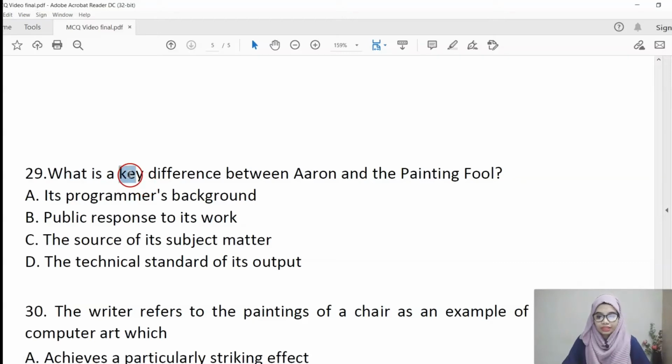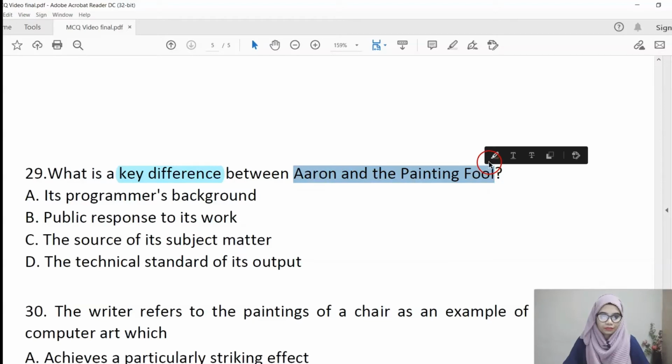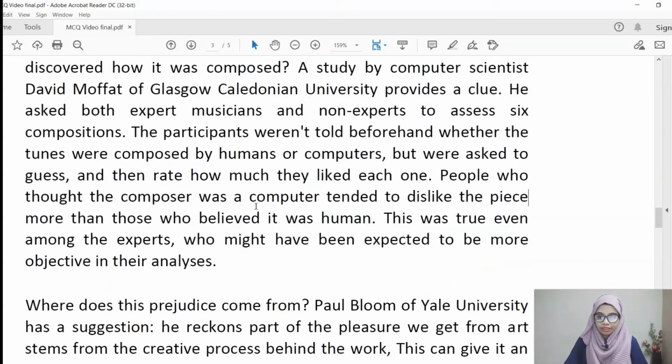So the keywords are key difference between Aaron and painting Fool. Okay. So these are the keywords. So let's go back to the passage and try and find the answer.